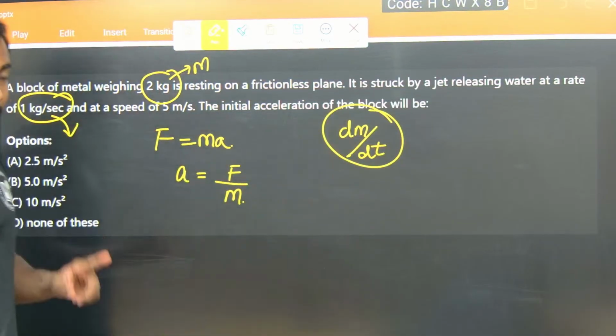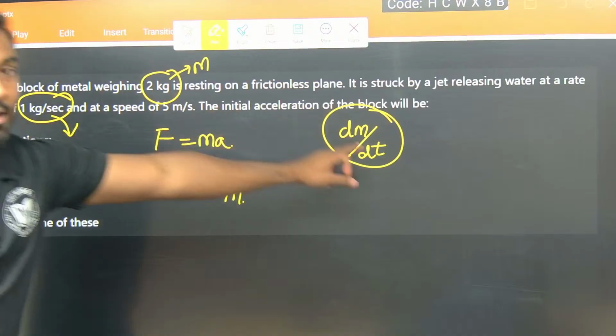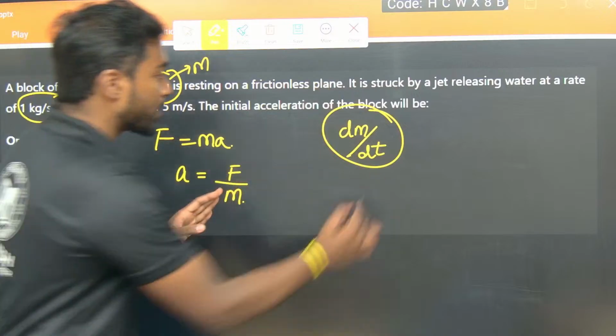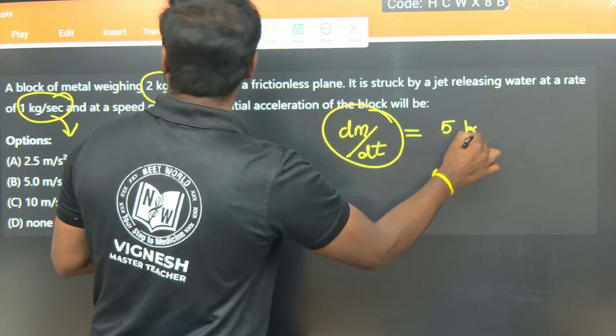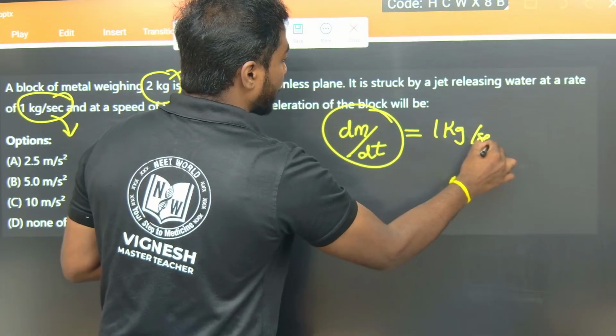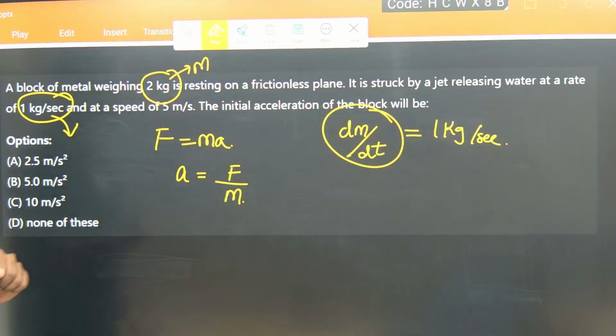Kg is mass, seconds is time. So the rate dm by dt is equal to 1 kg per second.